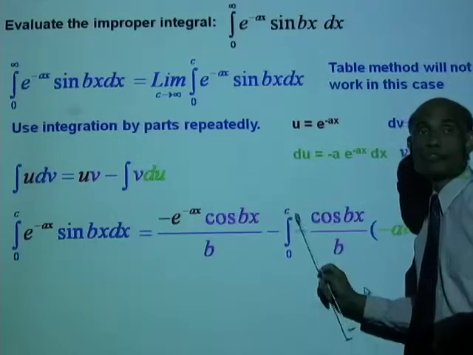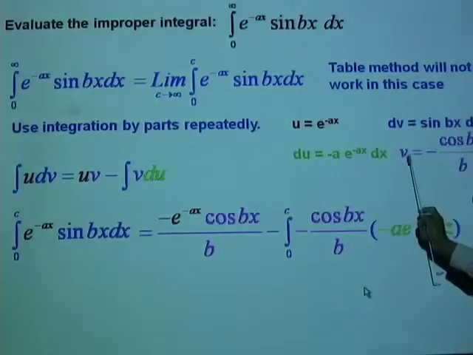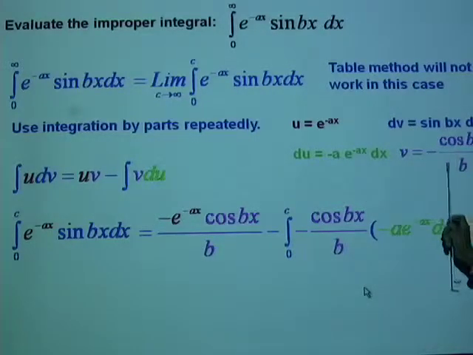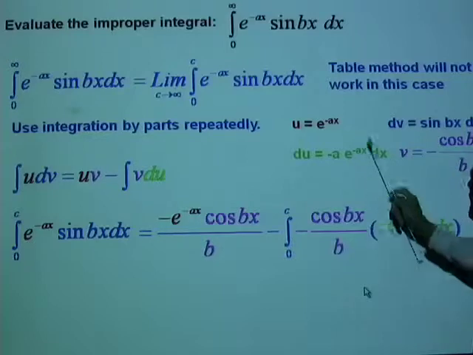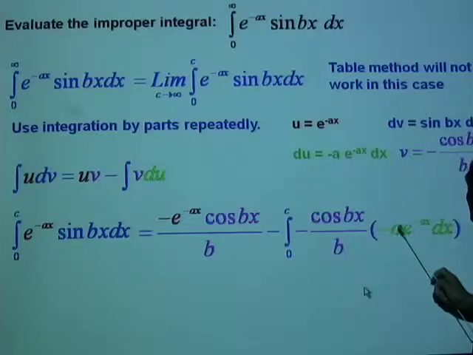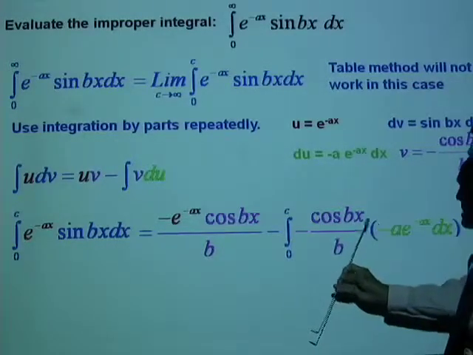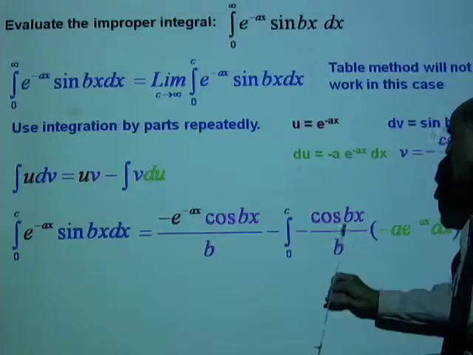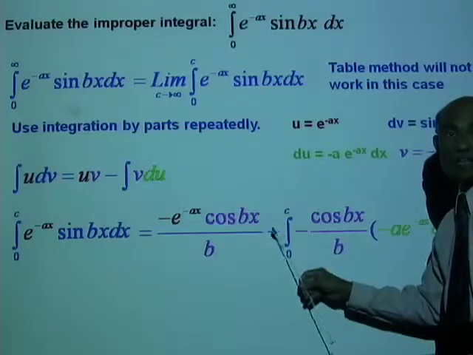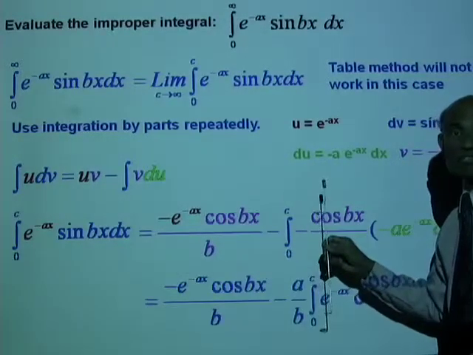Minus integral 0 to c of v du. v is negative cos bx over b, and du is negative a e to the power of negative ax dx. And you can see there's a negative, that will make it positive, and that negative will remain as it is.